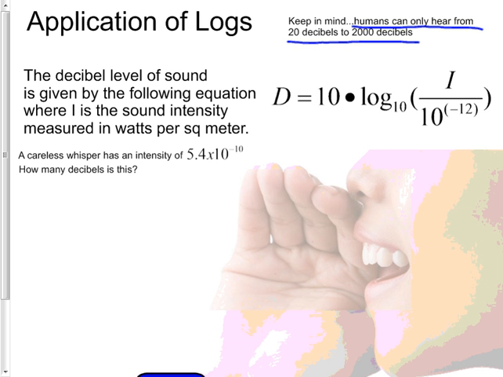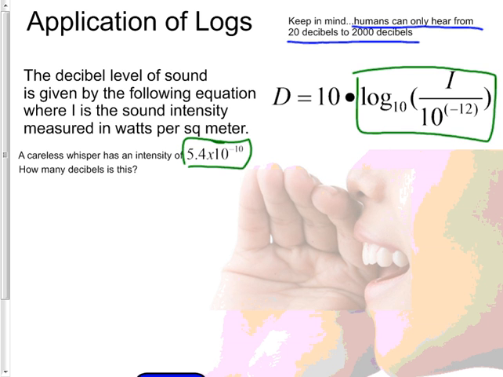All right, so anyway, we've got this little formula: 10 times log base 10 of I over 10 to the negative 12. That is obviously an insanely complex formula, but a careless whisper has an intensity of 5.4 times 10 to the negative 10th. How many decibels is that? Well, where should I put that, the D or the I? I, intensity.